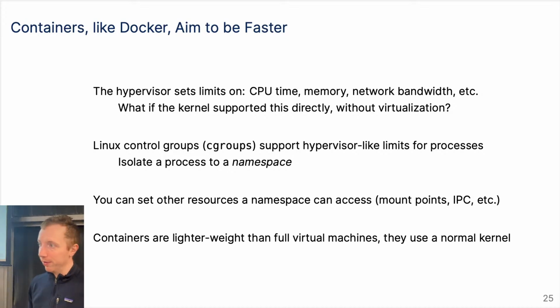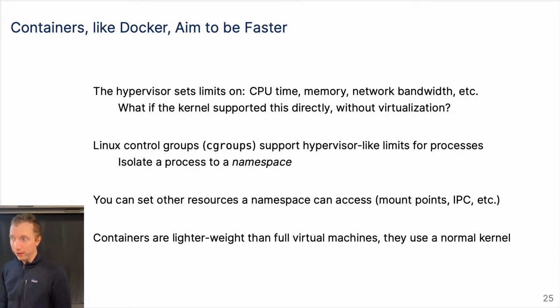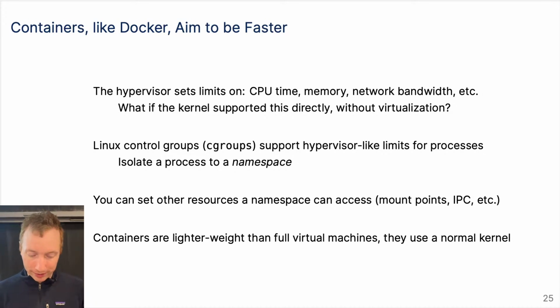And if you're running Linux, you can just use your same kernel directly. If we were running it as a virtual machine, the hypervisor can set limits on CPU time, memory, network bandwidth, etc. But the Linux kernel supports all of that without virtualization. So for each individual process, you can set limits on all that stuff as well.